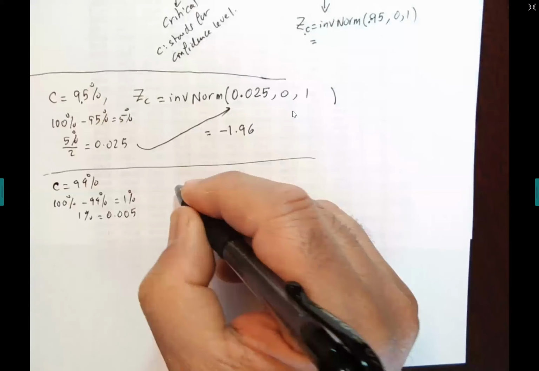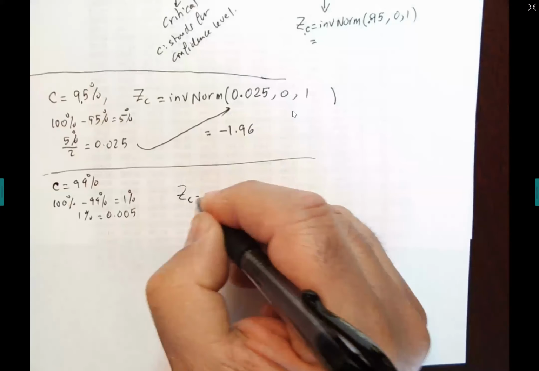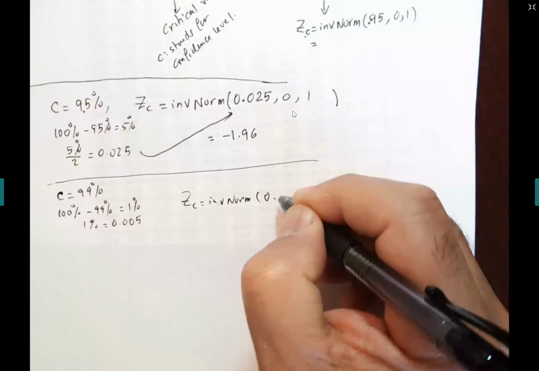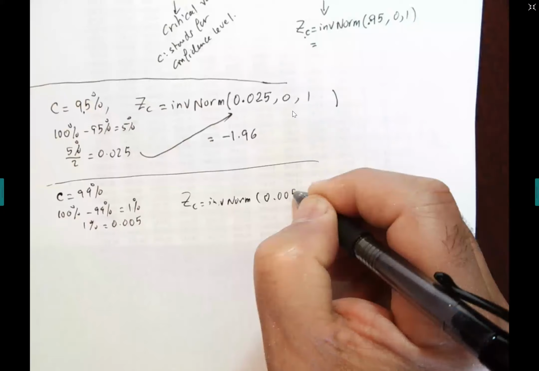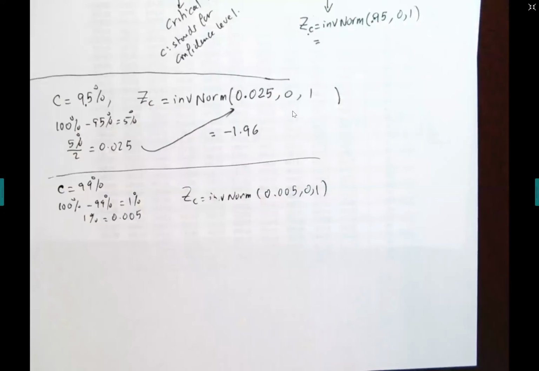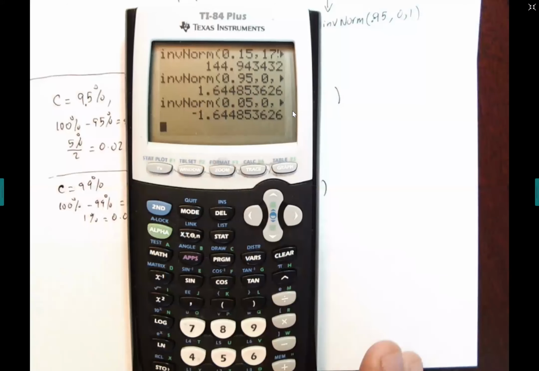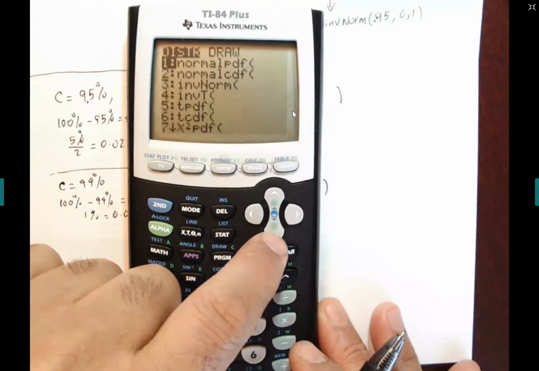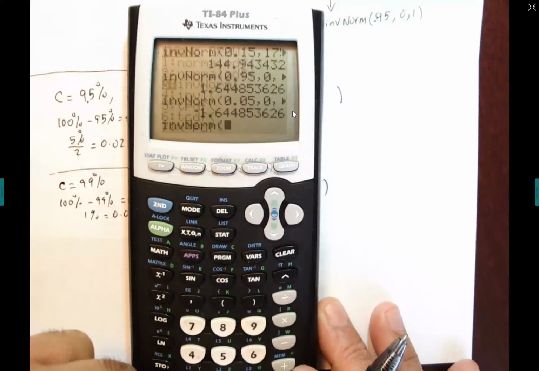So your ZC is inverse norm 0.005, comma 0, comma 1. It should be 2.575. Let's see. I'll do it. Watch, guys.